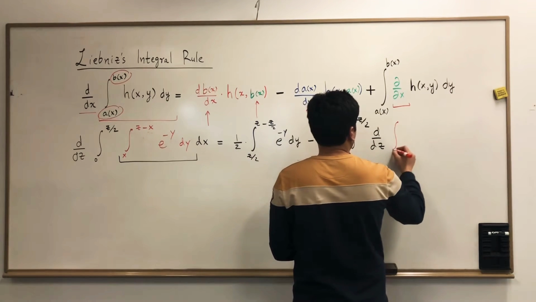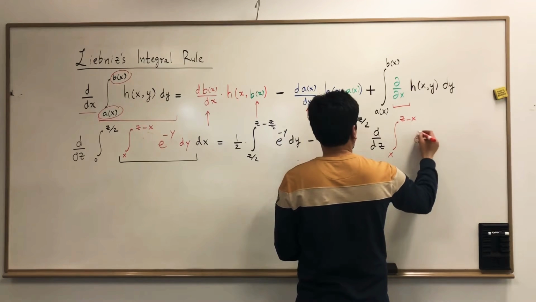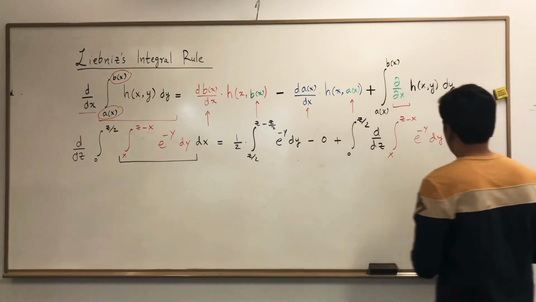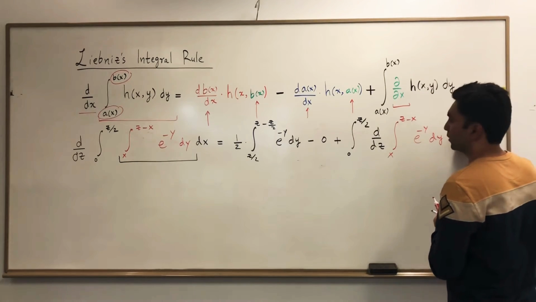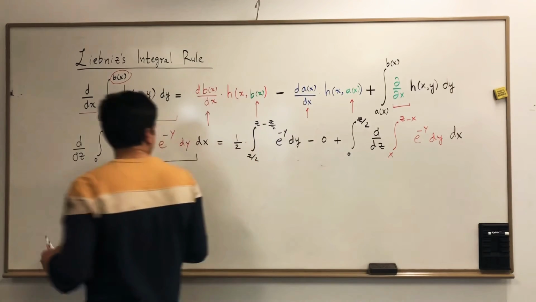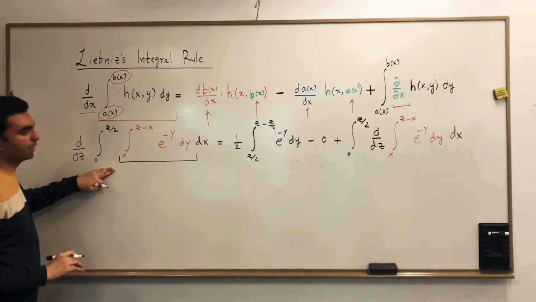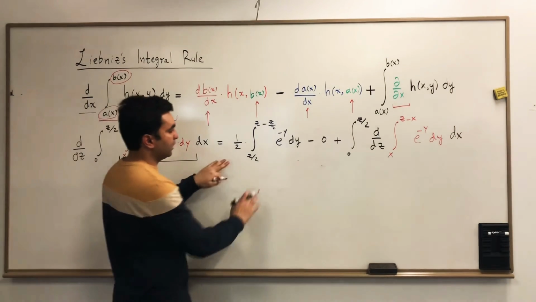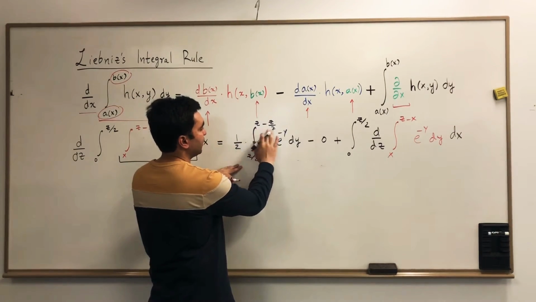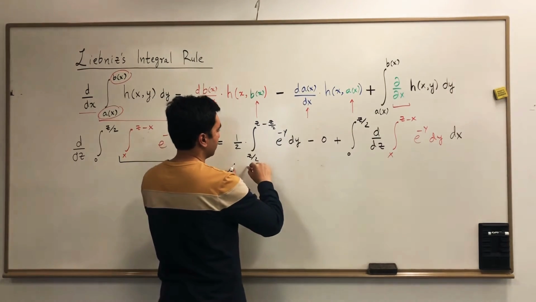So it will be again x to z minus x e to the negative y dy, and then the outer integral at dx. So we've effectively moved this derivative one level inside. So notice this integral is from z over 2 to z minus z over 2, which is again z over 2. So this term will give you 0.